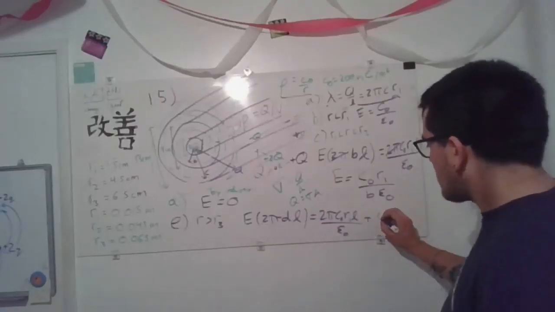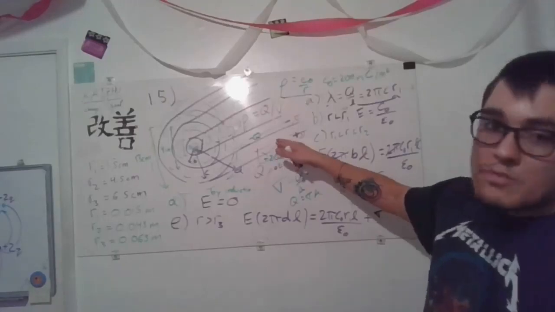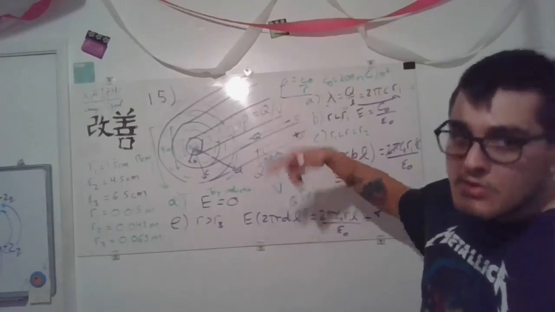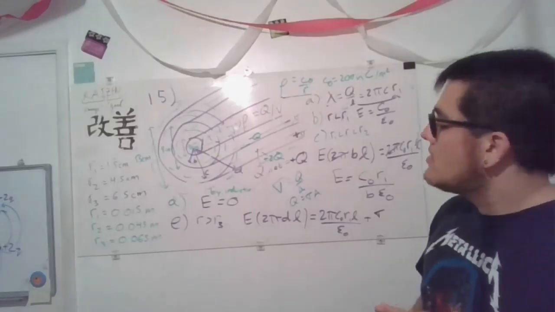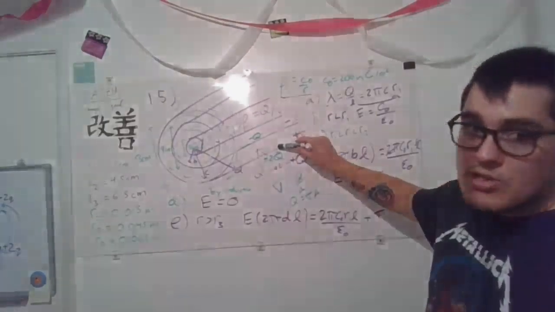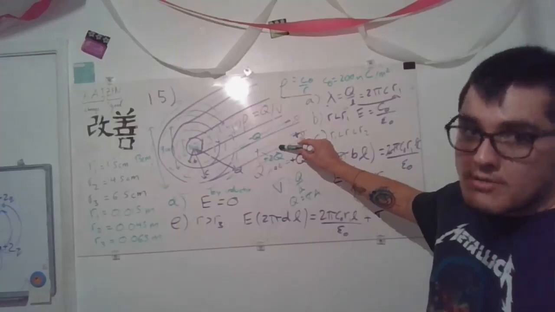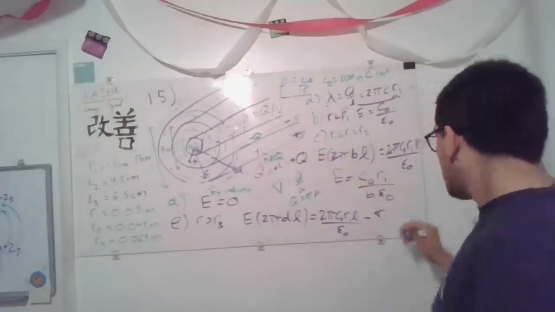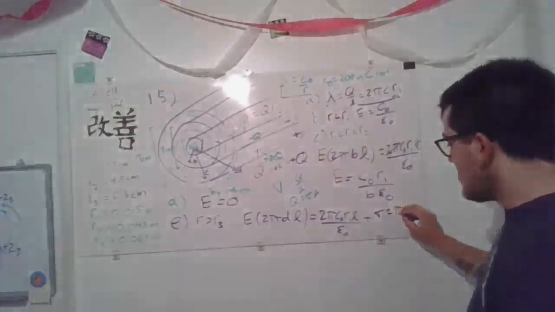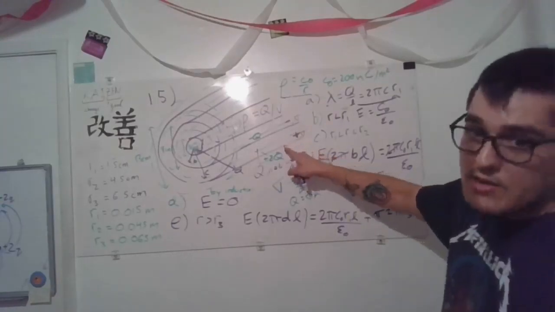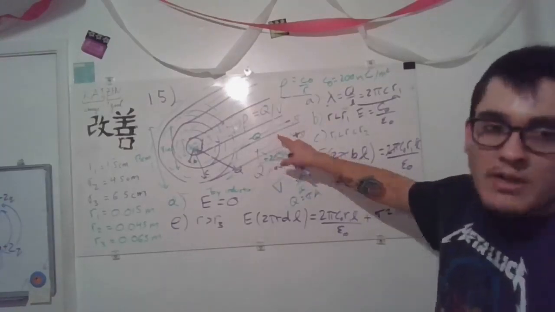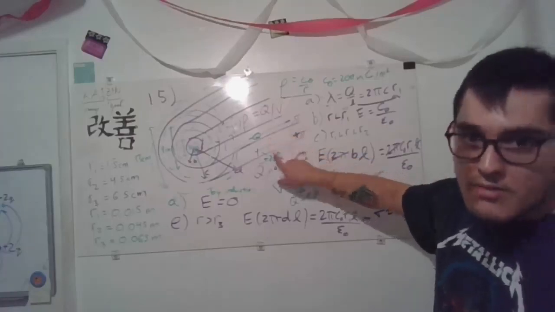So then I'm going to write sigma. And what would be the area, the lateral surface area? That's going to be 2 pi, and this distance here is R3. So you're going to put R3 times L. 2 pi R3, because that's the distance of the outer cylinder. Why not R2? Why would I not write R2 instead of R3?